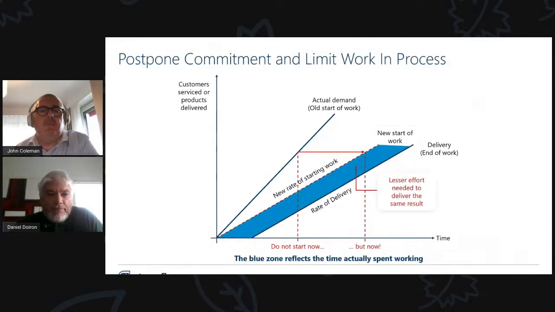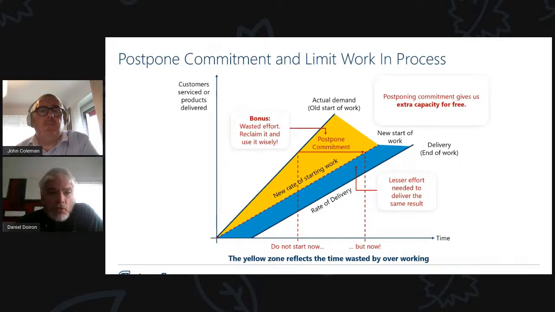Well, it's pretty simple. Because with the new rate of demand and the new rate of delivery, the blue shaded area will actually be the effort that's going to be required for the team to deliver the work, right? As opposed to all of this yellow shaded area that you were working before on top and above of the blue shaded area to deliver the same work.